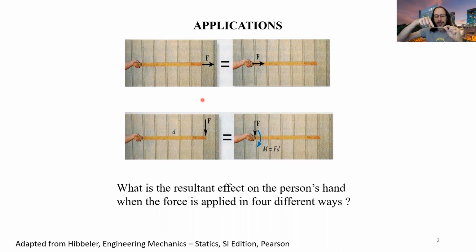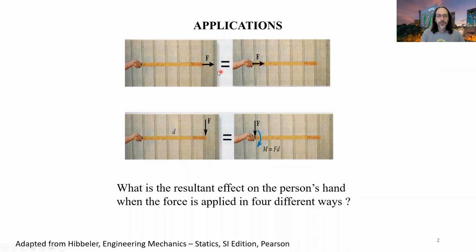Yeah, so if I want to have an equivalent force hit close to my hand to what I've got out here, then I must have a force and a moment applied for that to be equivalent, right? So I can have just a single force out here, but if I want to have an equivalent force and moment somewhere else, I need to apply a force and a moment here.